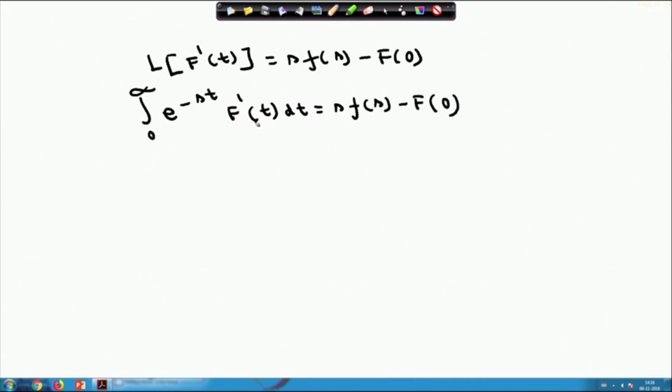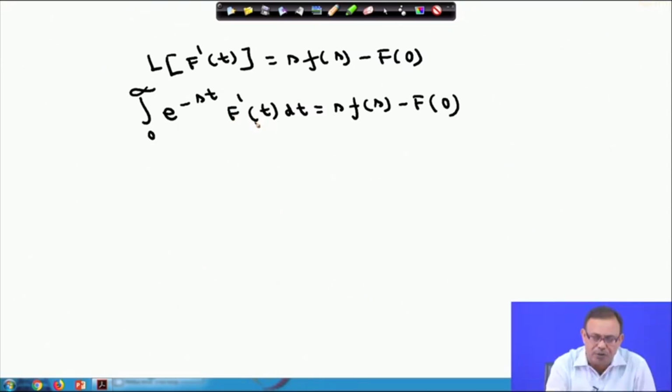In the earlier case, you made s approach infinity, but here we will make s approach 0, because we have to find the limit as s approaches 0 of s F(s), which equals the limit as t approaches infinity of f(t).